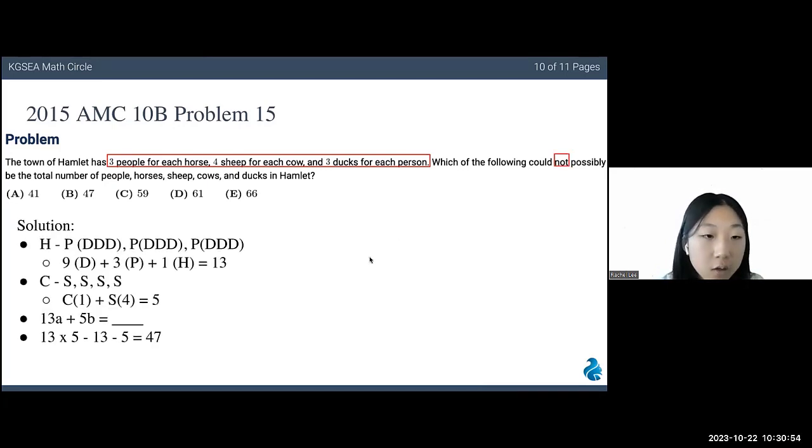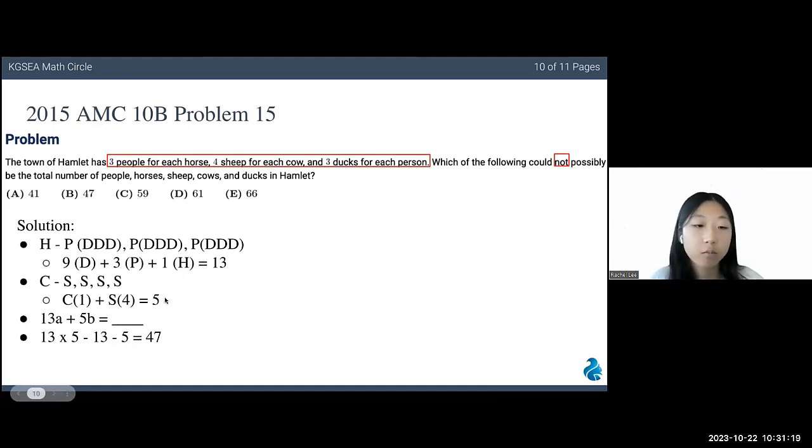For the town of Hamlet, we can say that there are 3 people for each horse, and for each person there are 3 ducks. So the total for the ducks, people, and horses in Hamlet is 13. And for the cows, there are 4 sheep for each cow, so 1 cow and 4 sheep is 5.